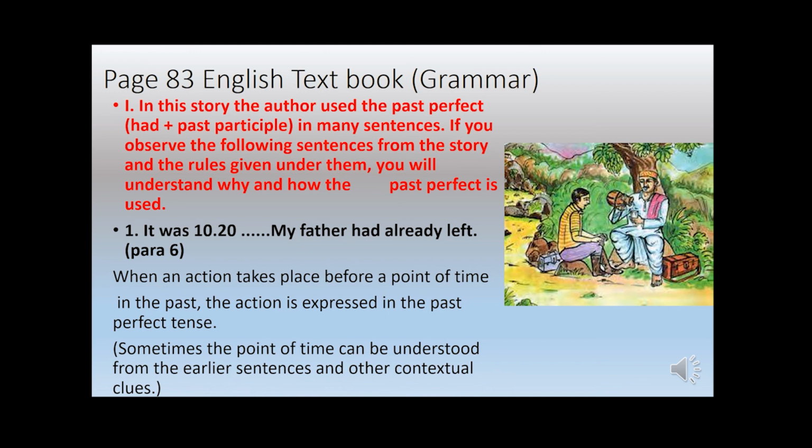For example, it was 10:20. My father had already left. When an action takes place before a point of time in the past, the action is expressed in the past perfect tense. Sometimes the point of time can be understood from the earlier sentences and other context.